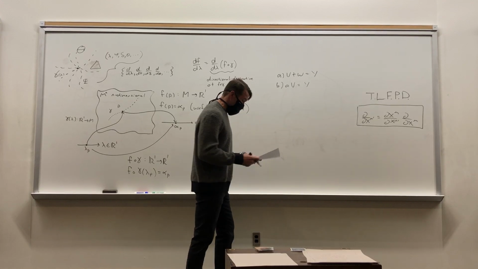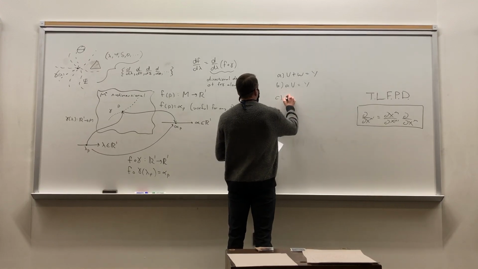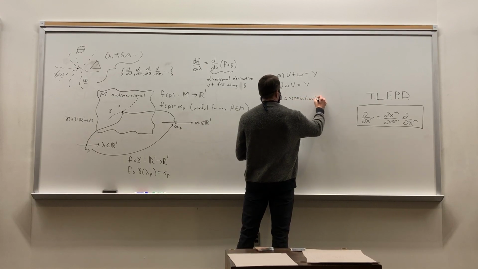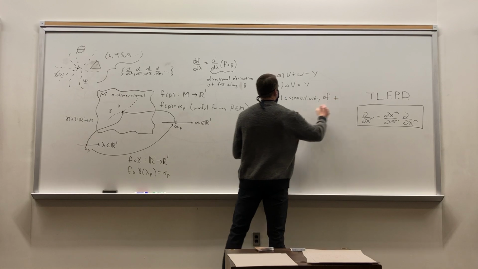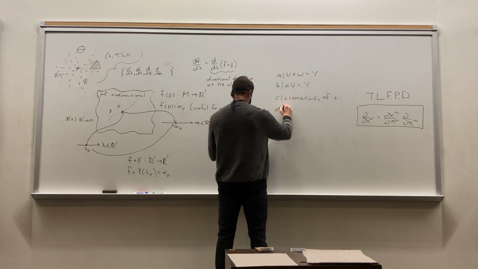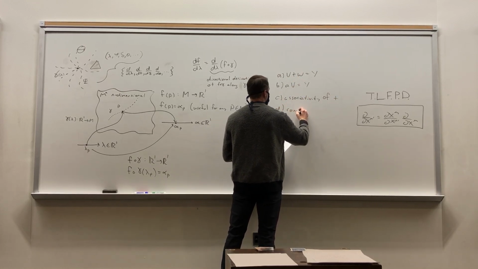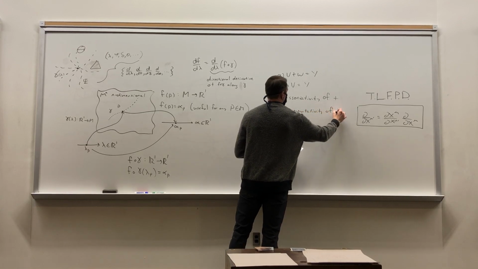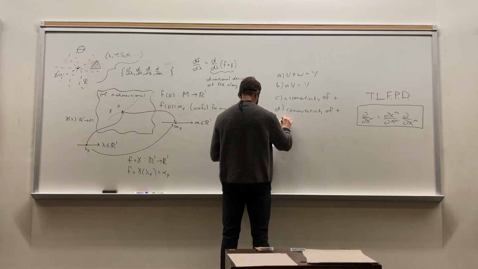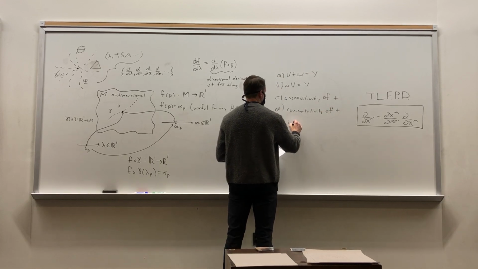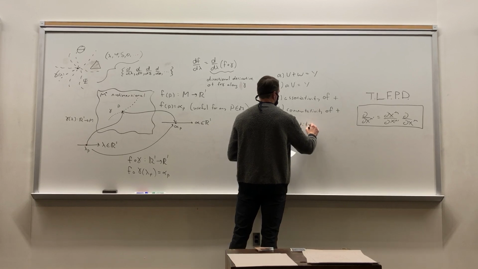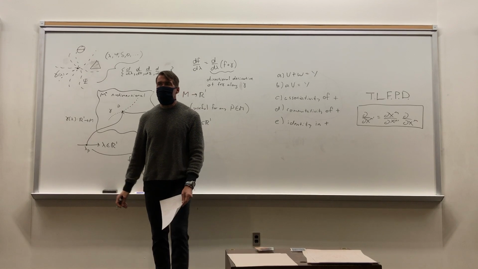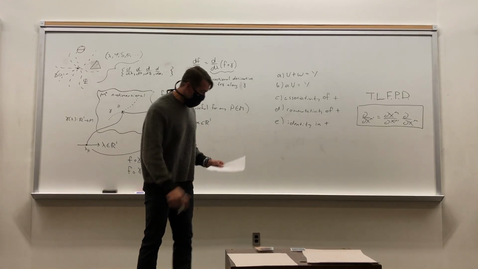Those are closures. Okay? We have associativity of the addition of vectors. We have the commutativity of the addition of vectors. We have an identity in the addition of vectors. What's the identity in the addition of vectors? Zero vector. The zero vector, exactamundo.